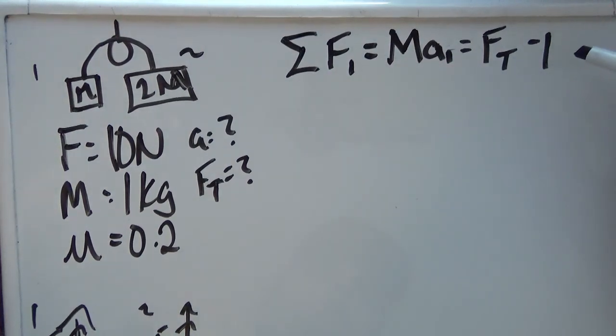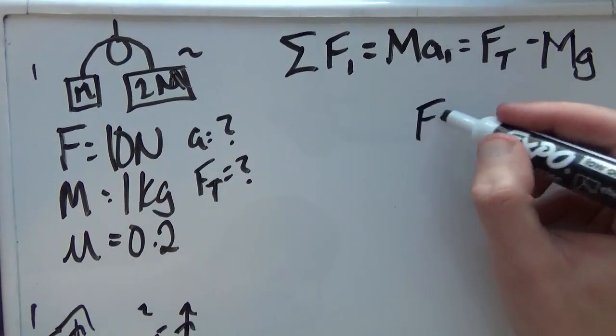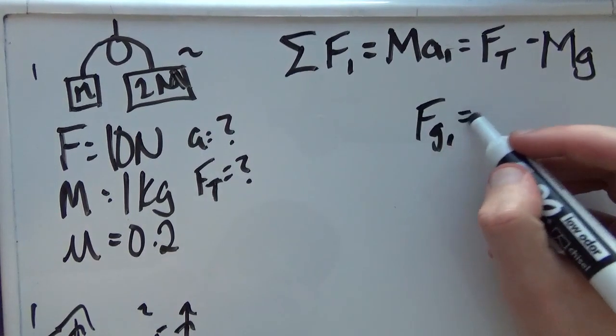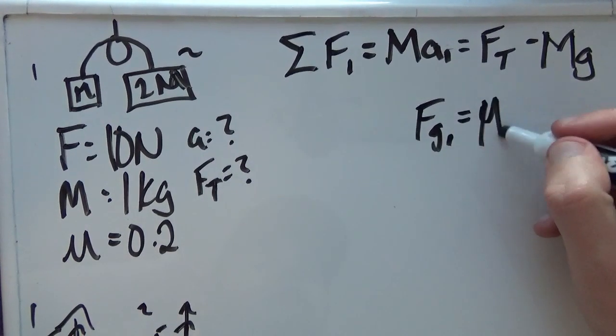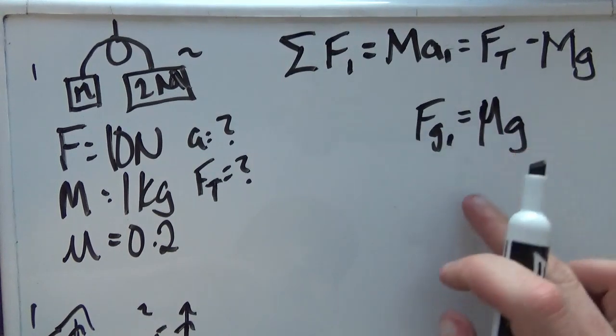Fg just equals mass times gravity. Force of gravity is equal to mass times acceleration due to gravity. So Fg on block 1 is equal to the mass of block 1, which is capital M, times g, right? So I'm just plugging that in there.